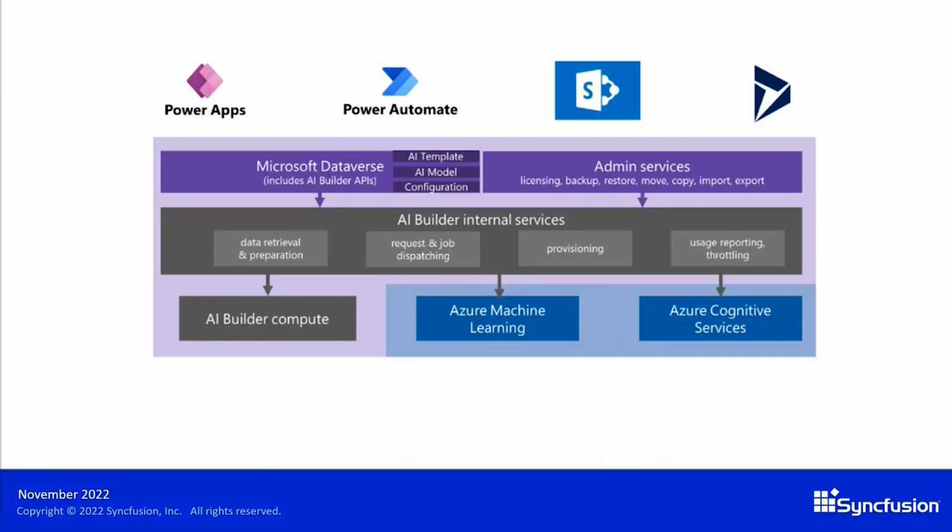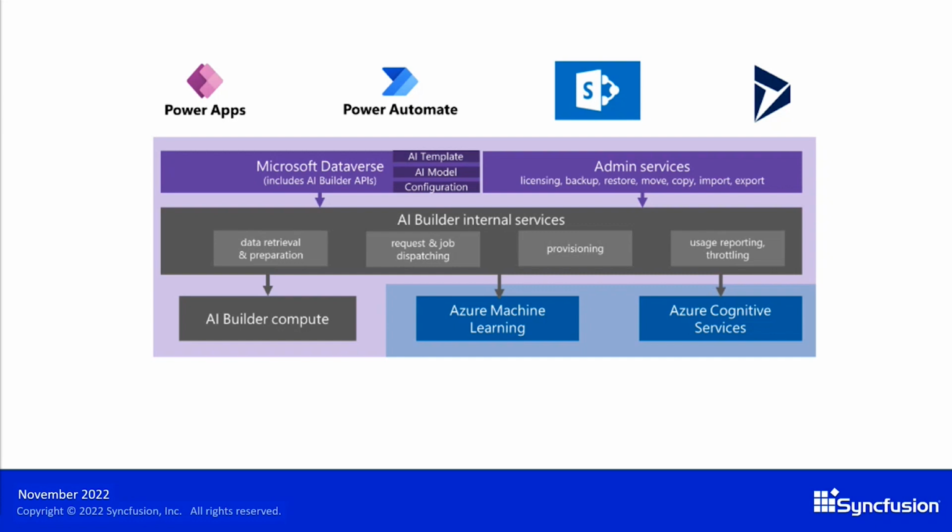To get a little bit more technical, if we look at the stack where we are actually now, I mentioned Microsoft Dataverse. We have all the AI Builder internal services, the compute part, the part related to machine learning, and cognitive services, all offered by Azure.